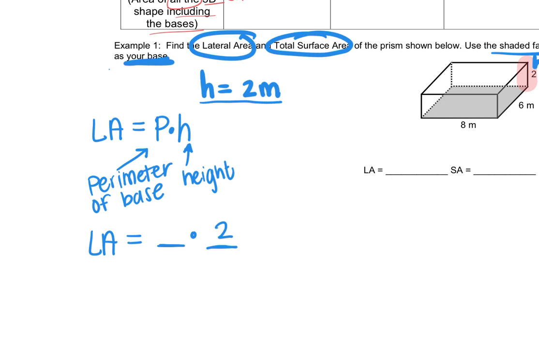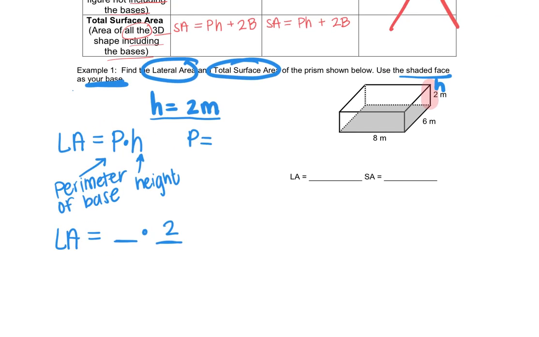But what is your big P? It's the perimeter of the base. So I'm going to write big P right here. The perimeter of the base. Well, if I look at the base is a square. If I'm looking for the perimeter, okay, I'm adding all of the sides together to get the perimeter of the base. So if this side is 8, then this one is 8 as well.